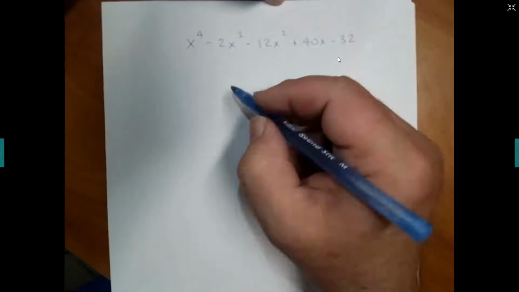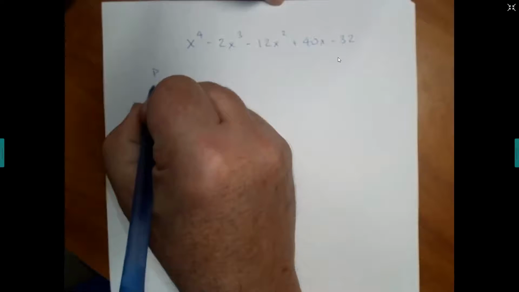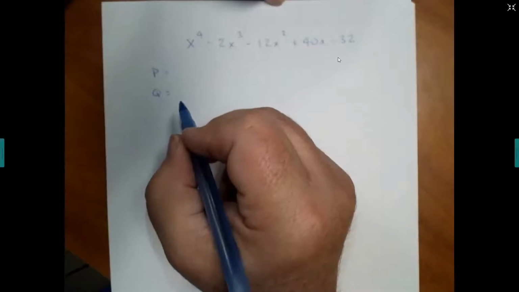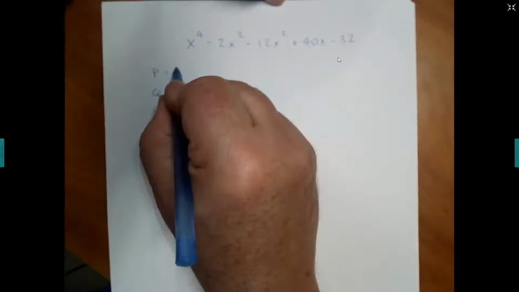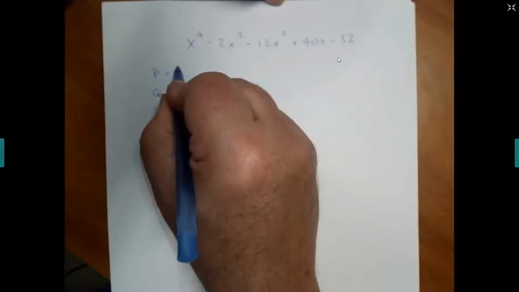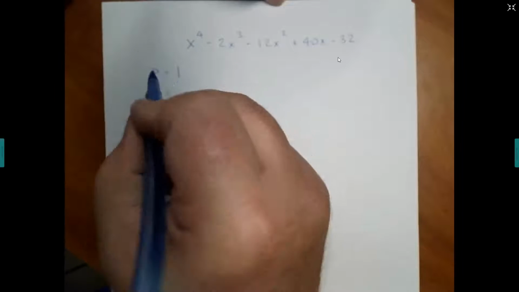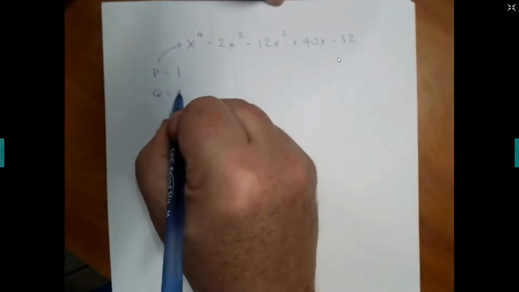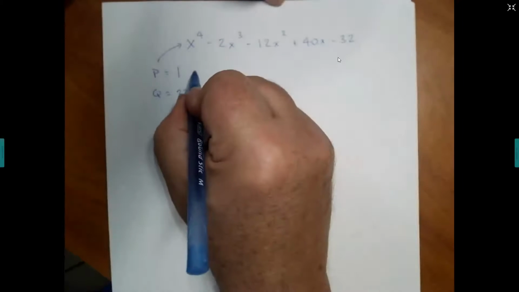Okay, so remember, we have to figure out what P and what Q are. What's P? P is x to the 4th, 1 x. Yeah, P is the leading coefficient, and Q is the 32 constant.